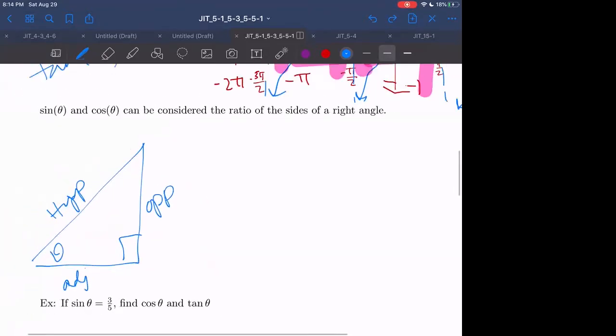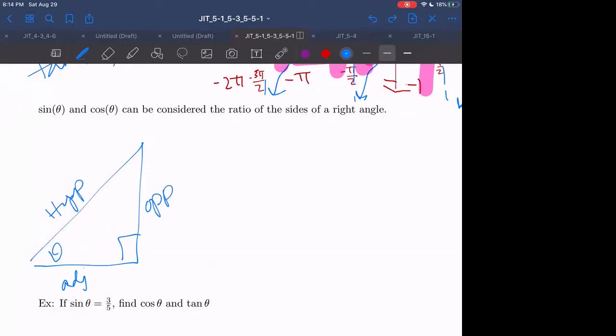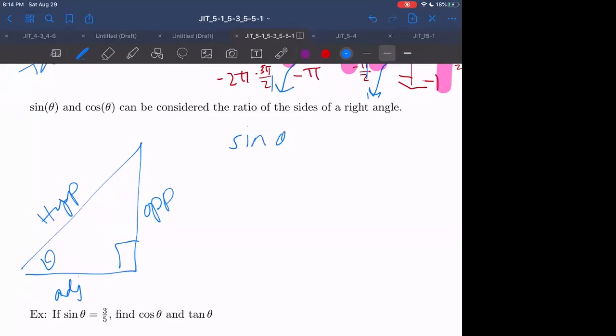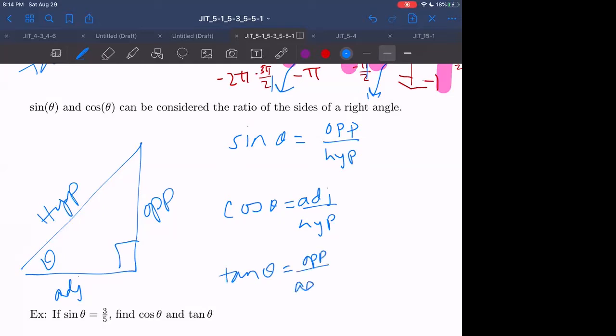But we can consider sine, cosine, and tangent in terms of our sides of our triangle. So sine of theta is going to be the opposite over hypotenuse. Cosine of theta is going to be the adjacent over hypotenuse. And tangent of theta is going to be the opposite over adjacent.